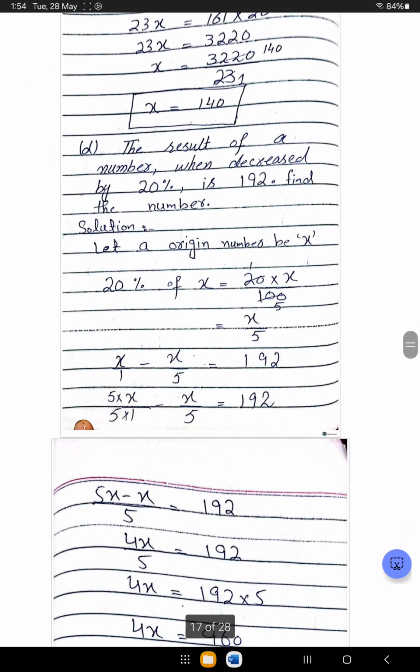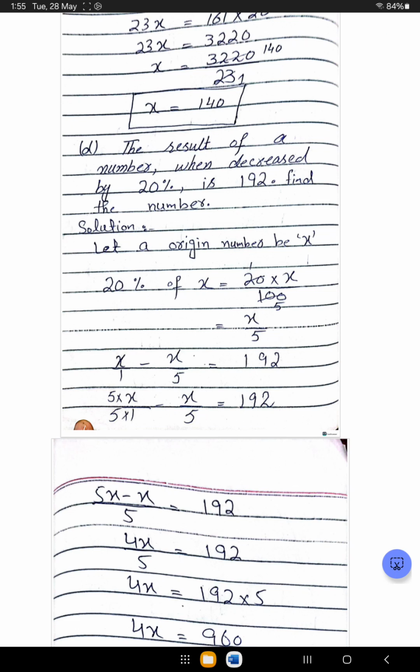The result of a number when decreased by 20% is 192. Find the number. Let the original number be x. 20% of x is equal to x over 5. When the quantity is decreased, we subtract the percentage decrease from the original value.